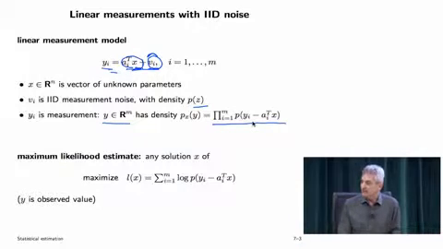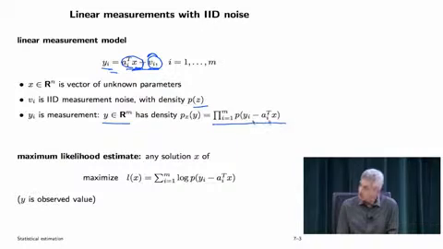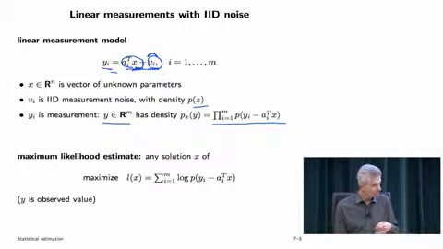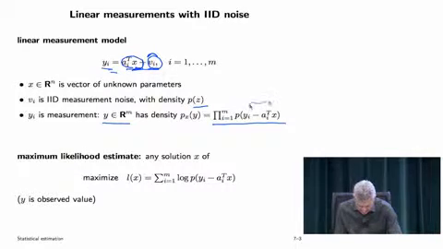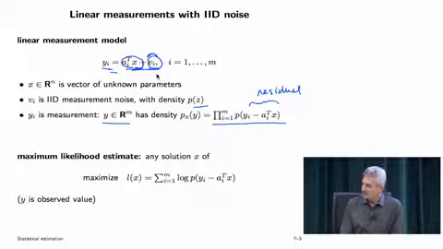It's the product because they're independent, and yi minus ai transpose x is exactly vi, the value that vi had. You simply take the product of the densities because they're independent to get the density of y, the vector. By the way, other people would call something like this the residual, and the residual here is nothing but the noise. So that's another way to think of this.